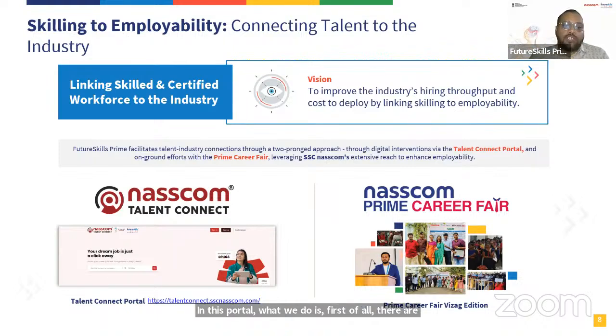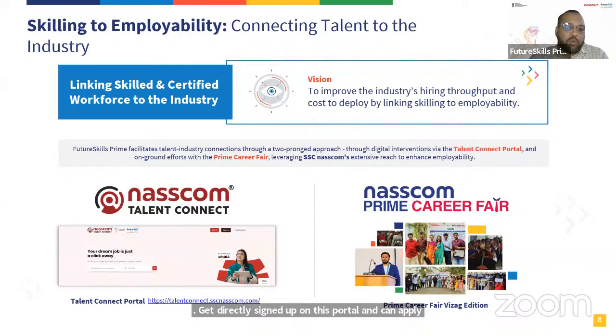This portal has various jobs which are posted directly by the industry, and the people who have really come up as a scholar and who have completed the courses properly, have taken the NASSCOM certification, get directly signed up on this portal and can apply for jobs straight away.